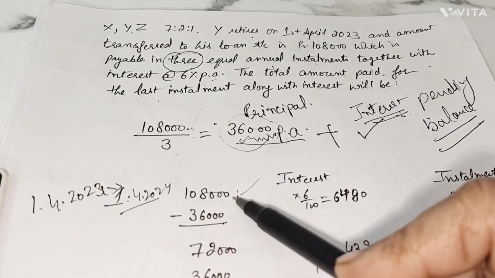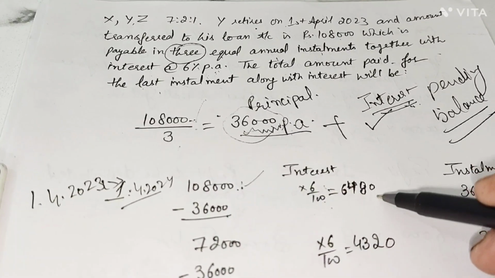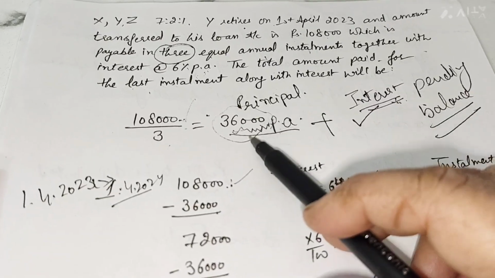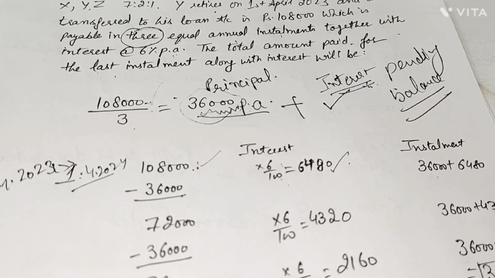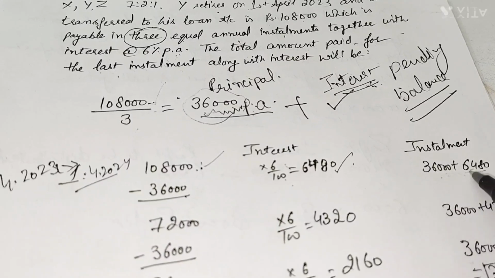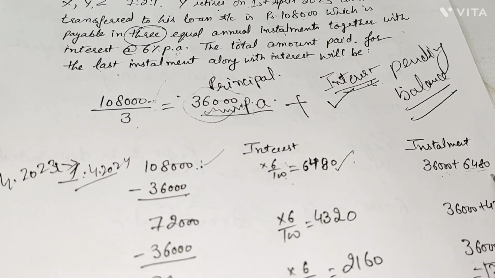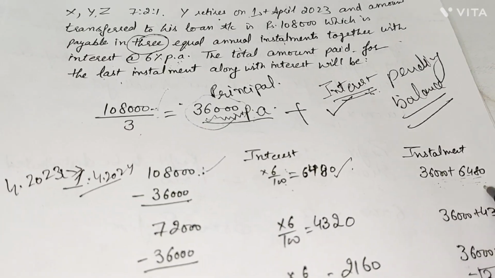So 1,08,000 at 6% interest gives an interest value of 6,480. Now we know the first installment was 36,000 plus this interest, so the total installment was 42,480, right? Total installment is 42,480, making the summation.